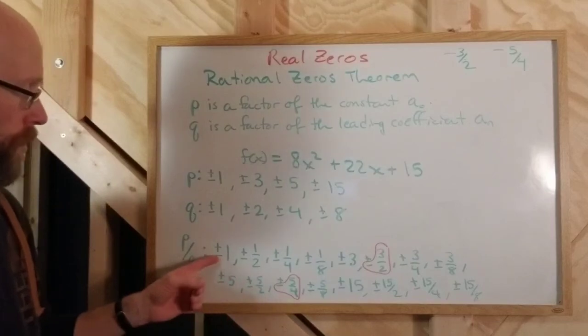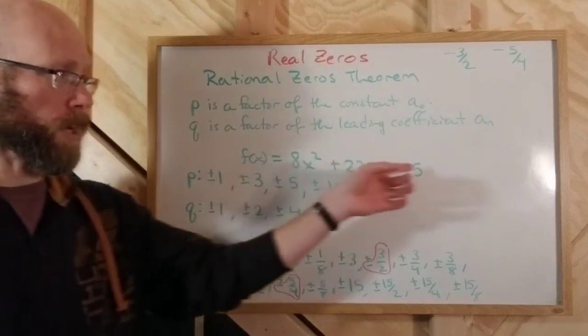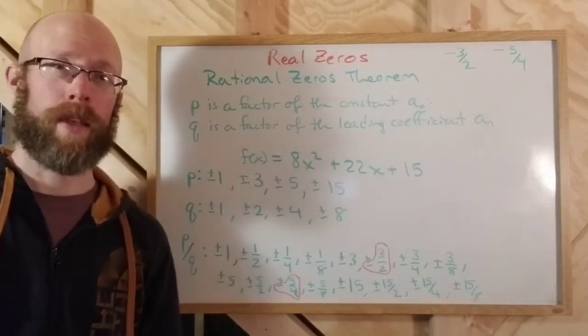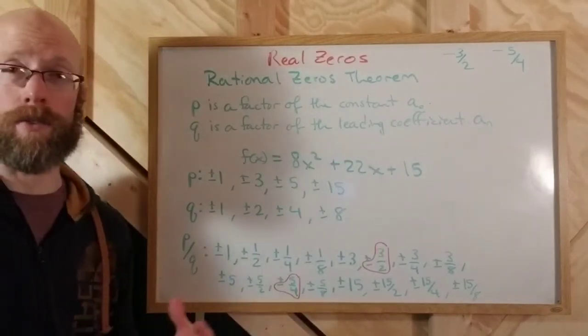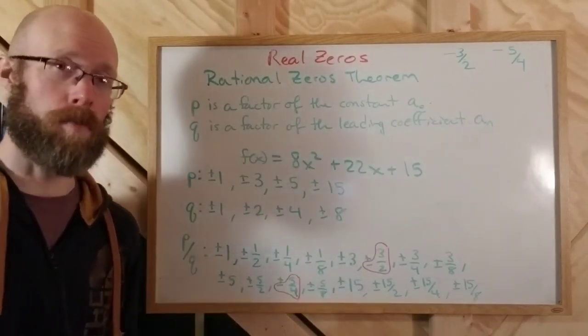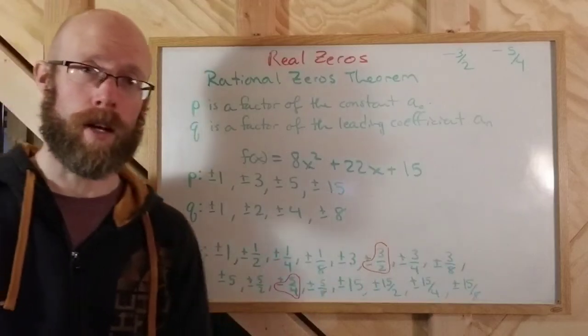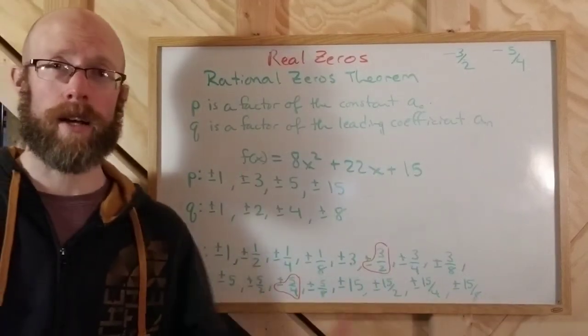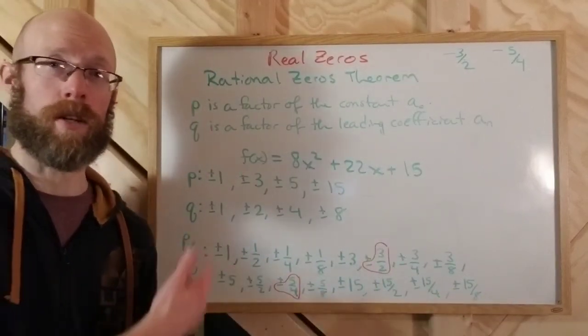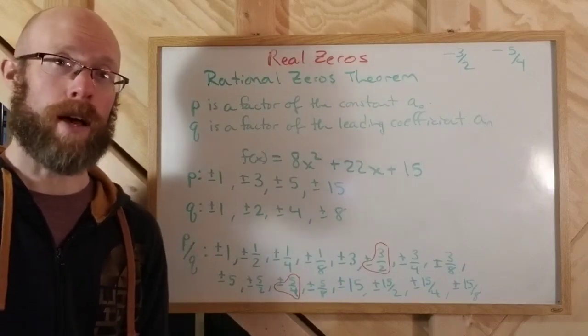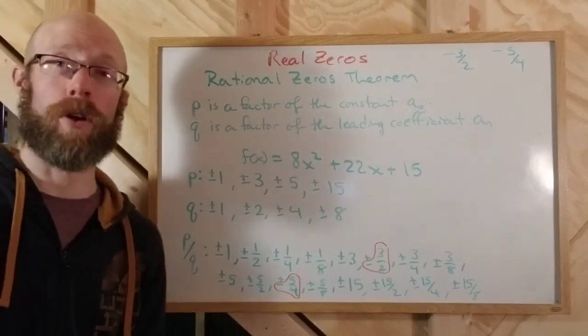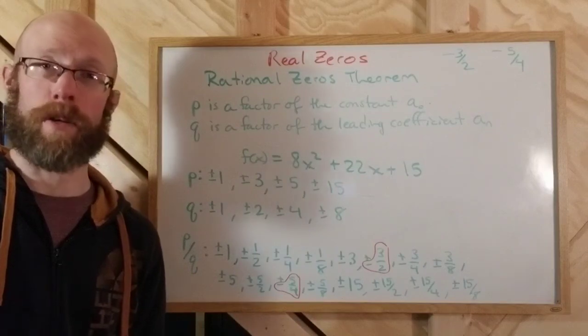In other words, when I plug in all the other numbers here, I'll get something other than 0 as my output. And as soon as I get something other than 0, I just ignore them and move on to the next number, okay? Now obviously this is a lot to check. The ones that you'll see and the ones that I'll do in the next couple examples will have way fewer factors, so they can be much more manageable.